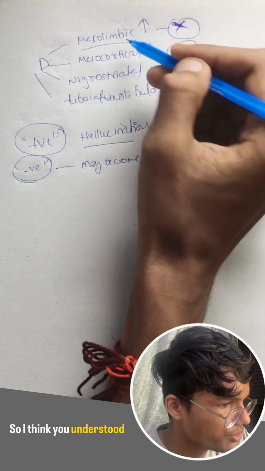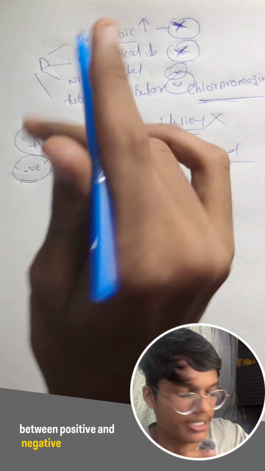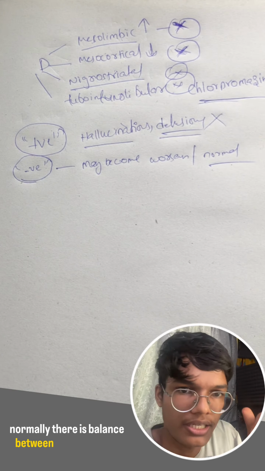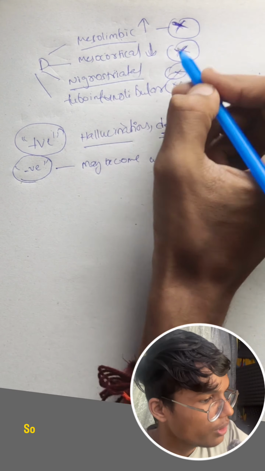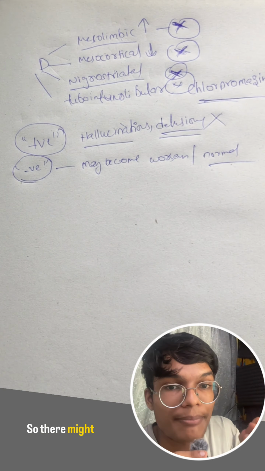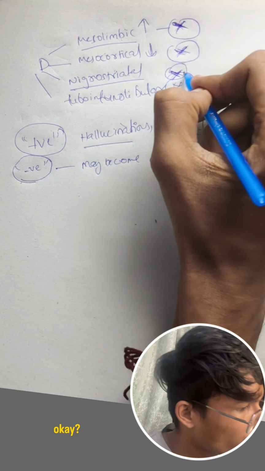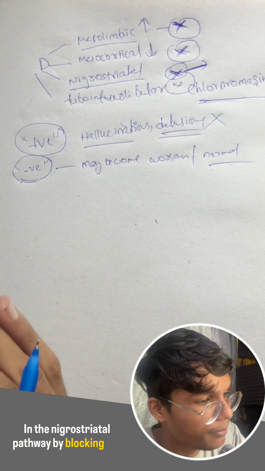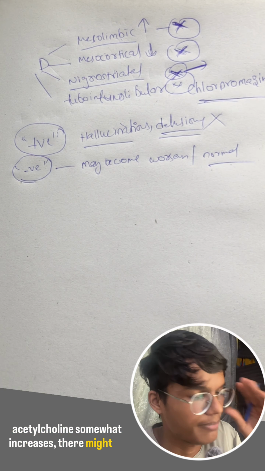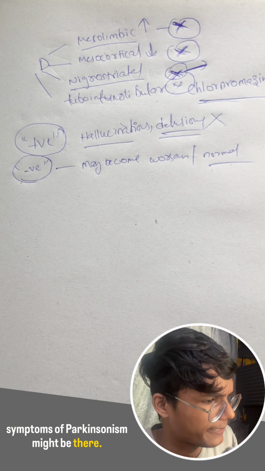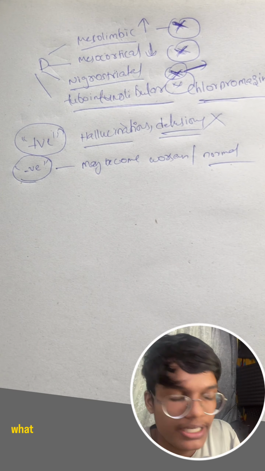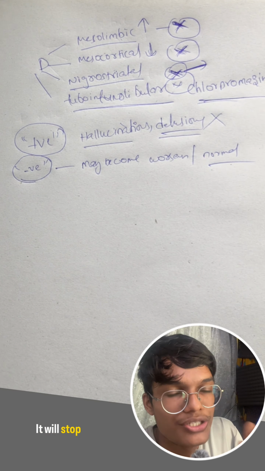So I think you understood the difference between positive and negative symptoms. Then in the nigrostriatal pathway there is a balance between dopamine and acetylcholine, right? Here also we are blocking the dopamine receptors. So acetylcholine will be increased, so there might be symptoms of Parkinsonism. And then in the tuberoinfundibular pathway, normally dopamine stops prolactin.